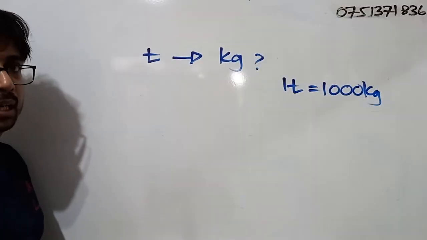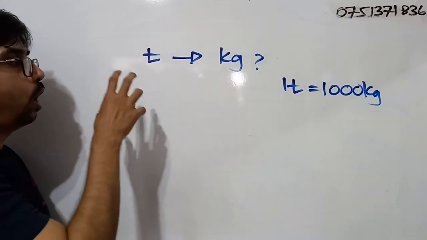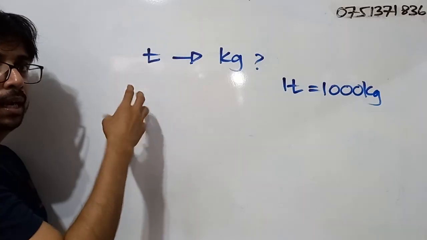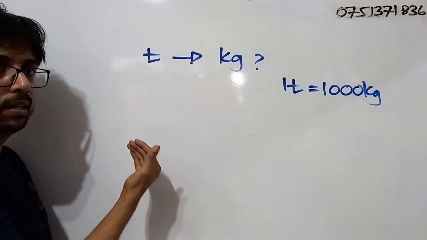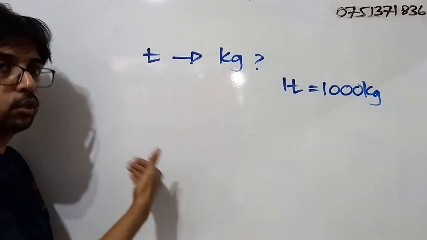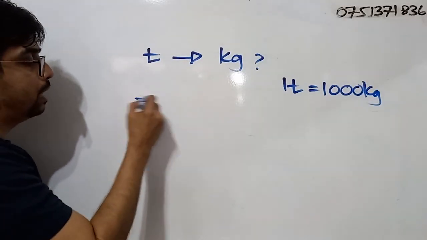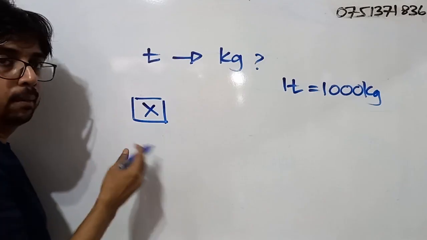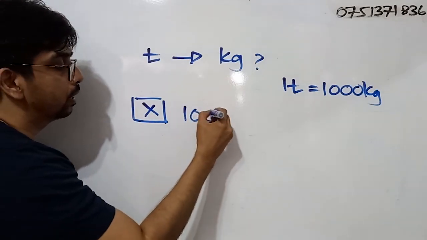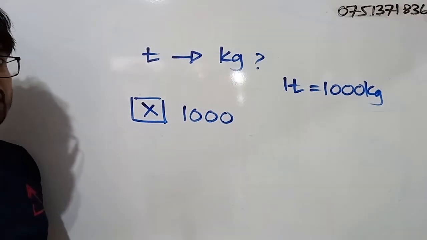That is the only connection. So how do we convert a mass given in metric tons into kilograms? Simply we need to multiply that mass by 1000. That's the only thing that we need to do.